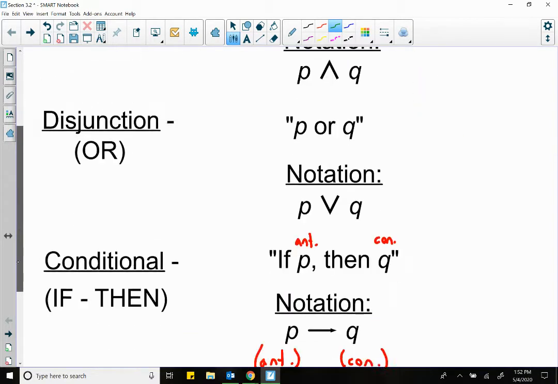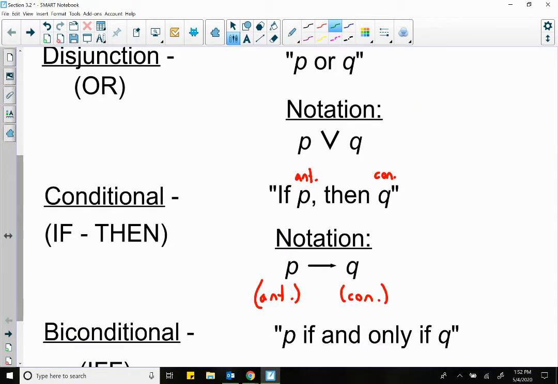You either say or or you don't. There's nothing really special about that. Page 129 shows you all the different ways we can write the conditionals.